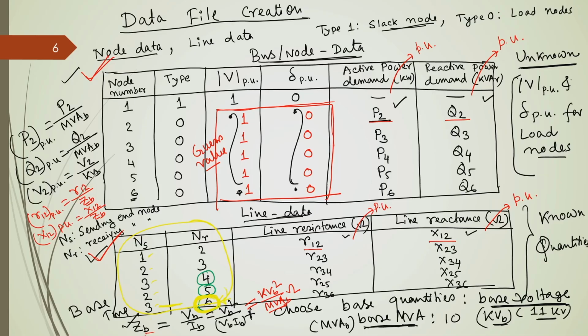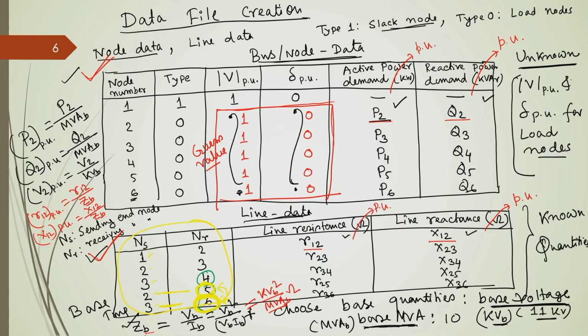Now you move to the next row, that is node 5. Again you check whether node 5 appears at the sending end. No, it is not appearing. So node 5 is also a terminal node, and the current flowing through line 2 to 5 is basically the load current of node 5 only.